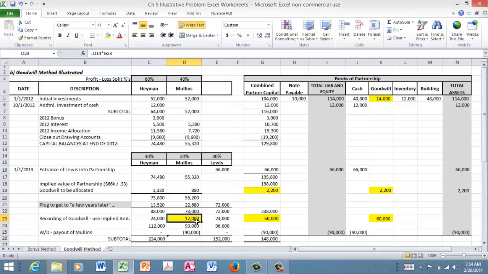Now, if I take that $12,000, that represents, in terms of a split, 20%. Now let me make sure we all understand why I'm using the 40-20-40 split to take care of this goodwill that I'm going to recognize. Think of what's happened during these few years in the partnership: maybe the customer base has grown, the reputation has grown, the name recognition, maybe they got some trademarks out there, and so therefore it's gotten better in an intangible sense.